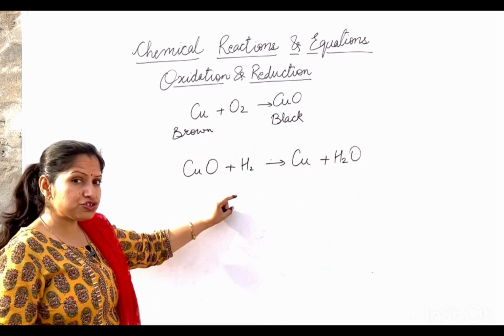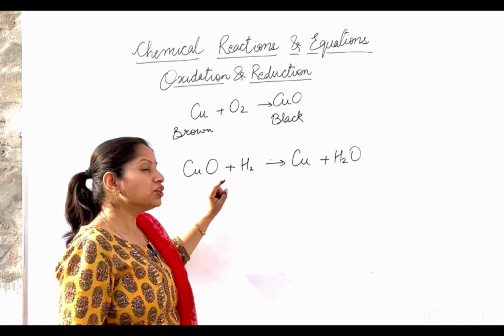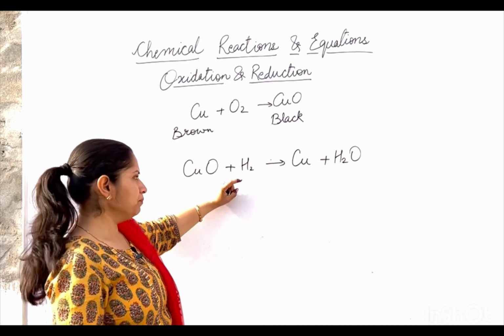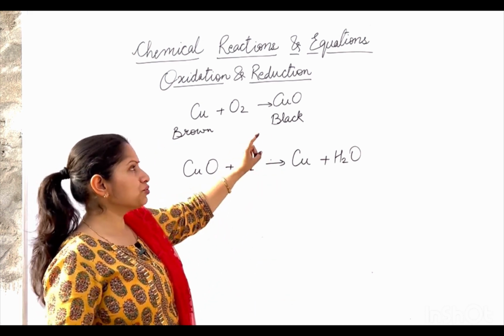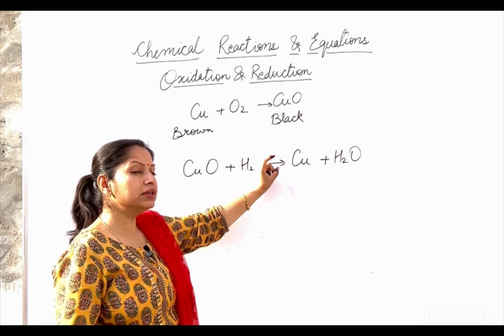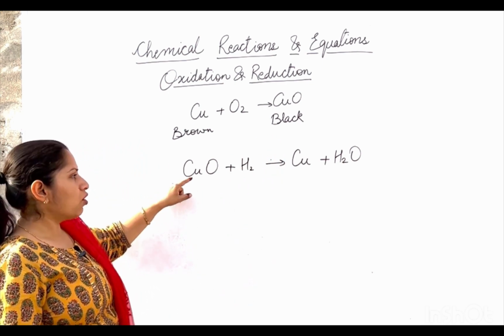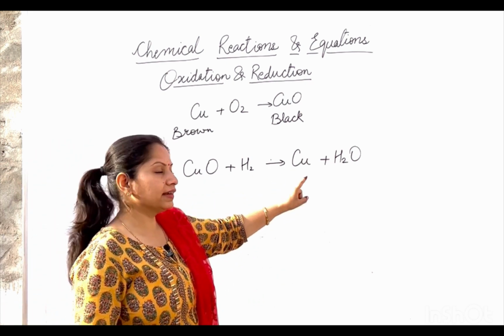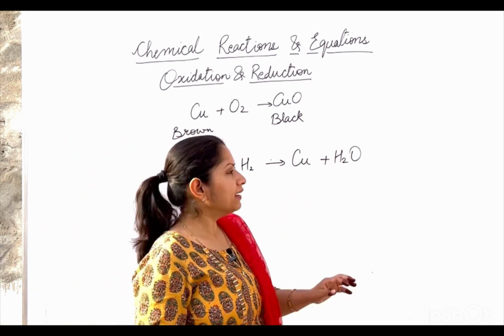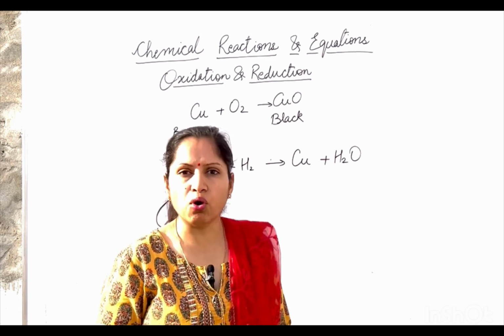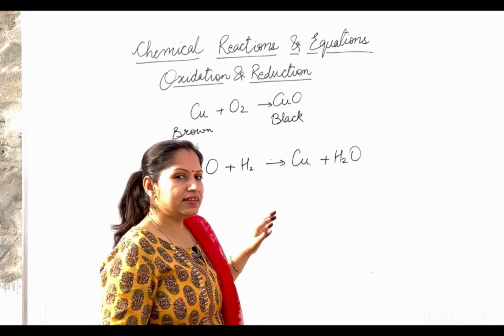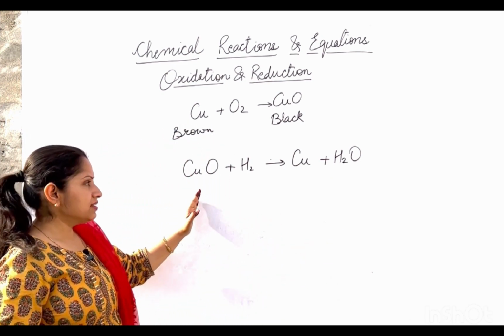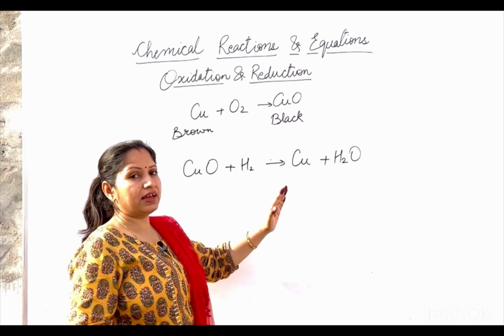So if we pass hydrogen gas through this copper oxide powder, then we find that the oxygen from the copper oxide is taken away and that is getting converted to copper again, with the formation of water. Now, in this reaction, there is a redox reaction occurring.